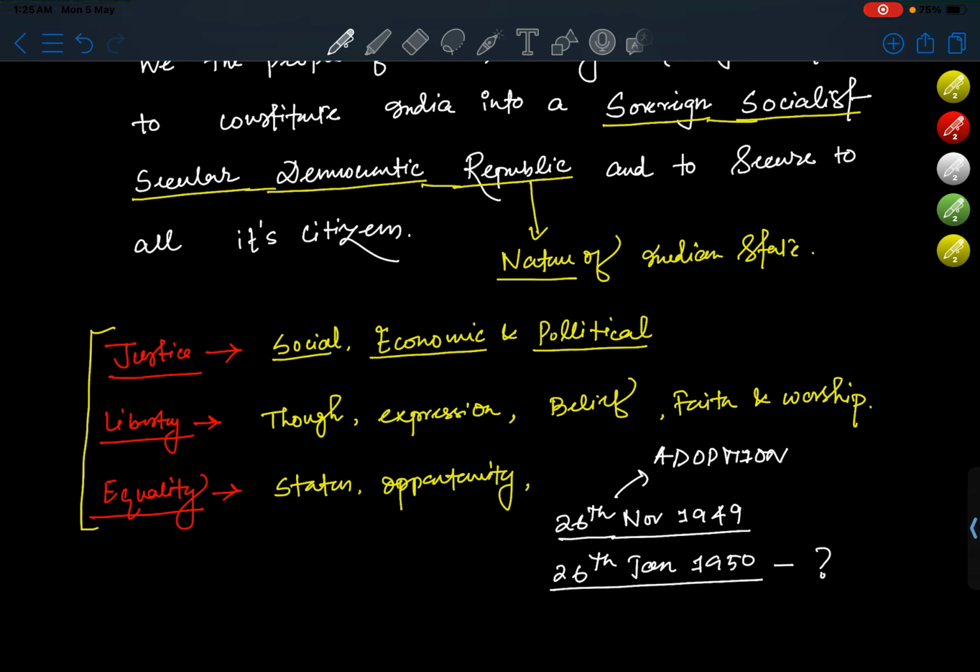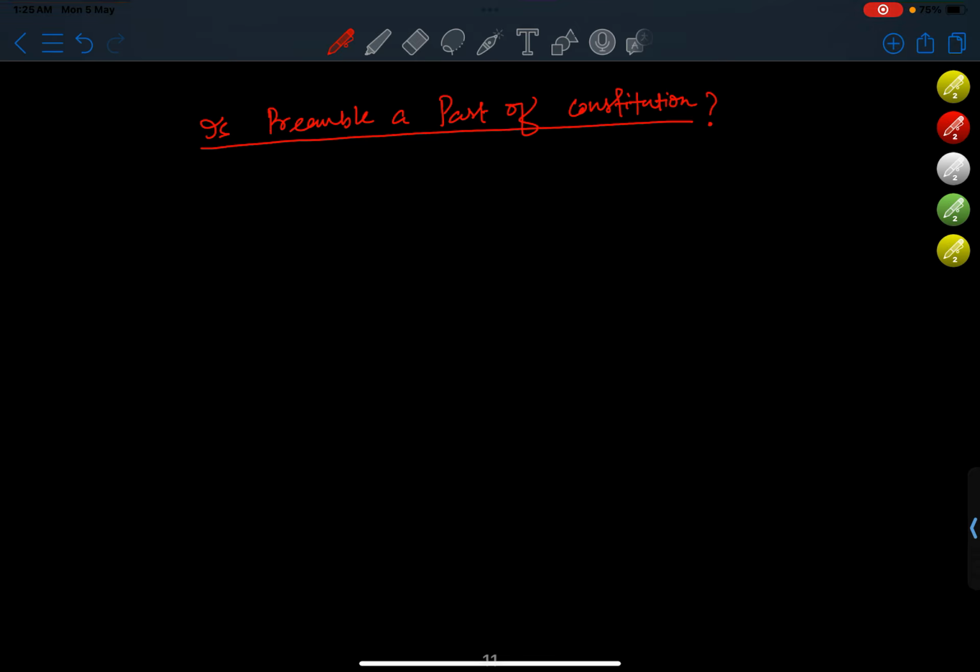Next, now we'll talk about a few facts about the preamble. One question: is the preamble a part of the constitution?